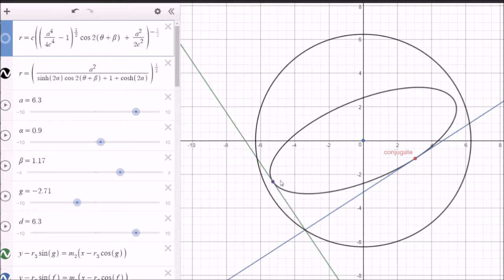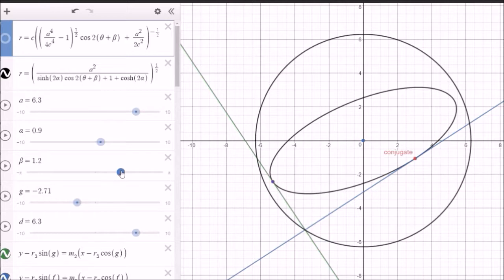You'll note that both of these lines meet at a right angle, and the point where they meet and cross over will be a point on a circle, and that's called the director circle.